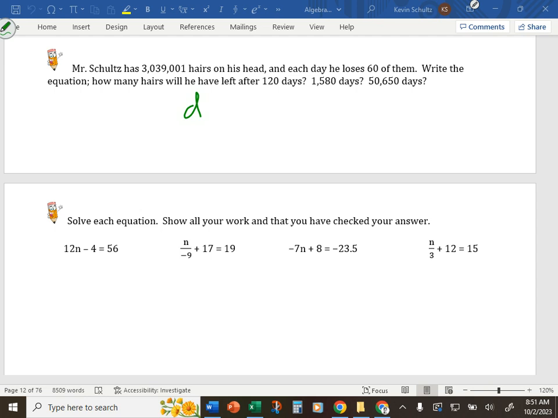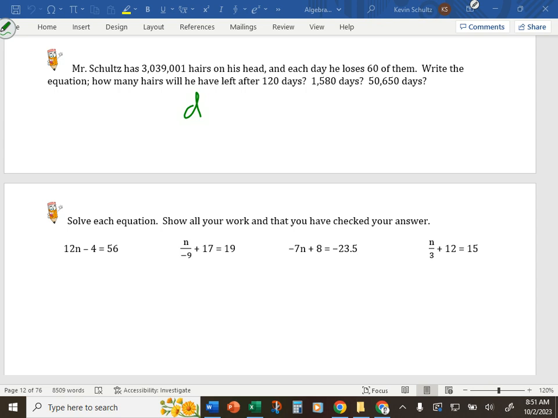Coefficient and constant. What do we think here? Gus, give me one. I think the coefficient is 60. Why would it be 60? Because you lose 60 of them each day, so you have to do multiplication of how many days.